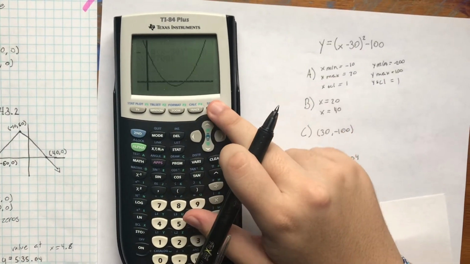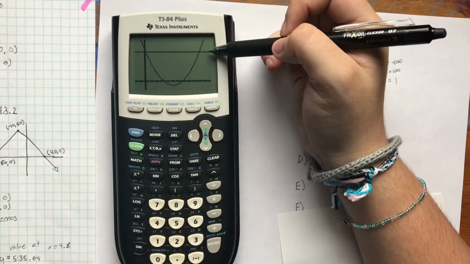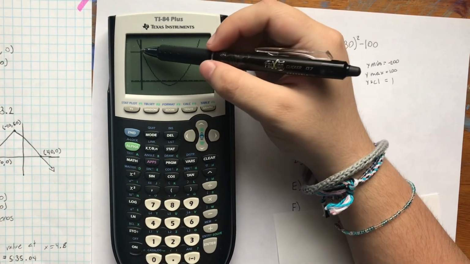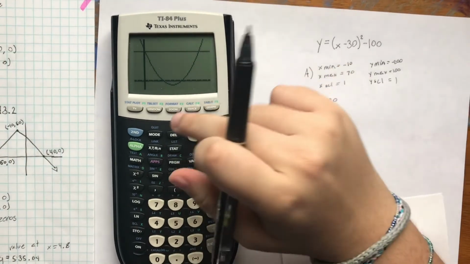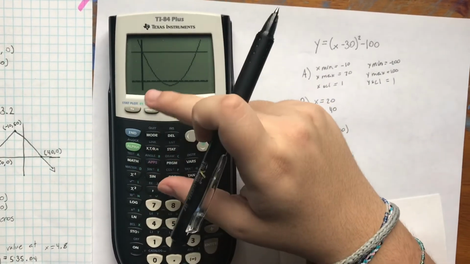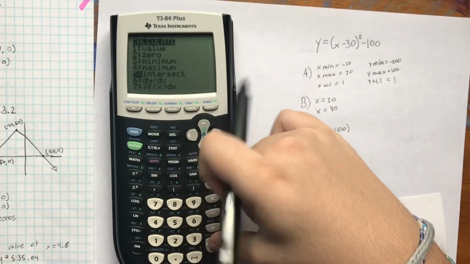So let's just go over to graph, and you see you've got this line at 700. So these two intersections are going to be when your function equals 700. To find the values of those x's, you're going to go to your calculate again, and you're going to go down this time to intersect.